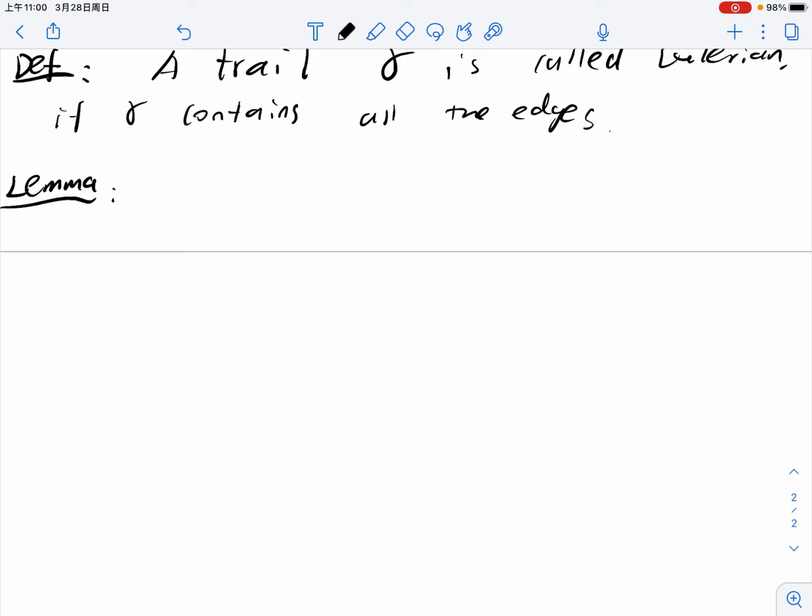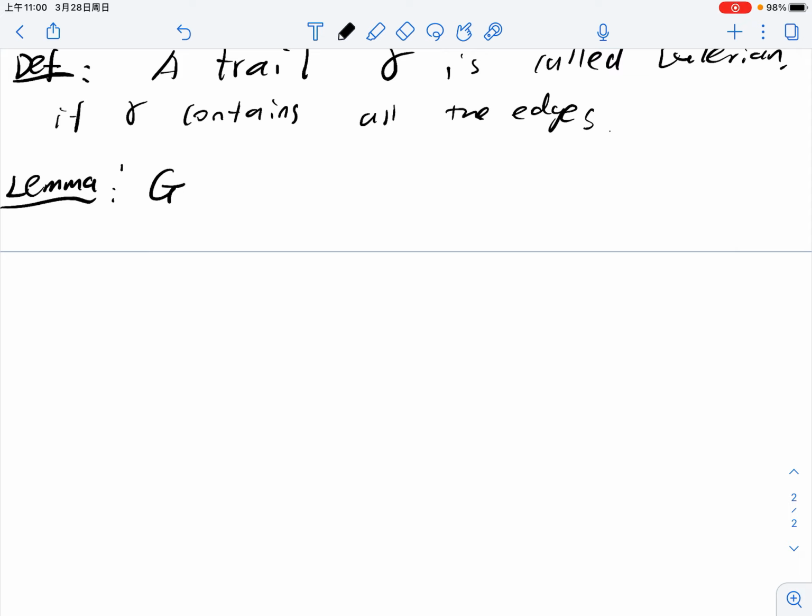It's easier than the Hamilton cycle we are going to discuss later. By easy, I mean you have a clear invariant to control the problem, a clear invariant giving a necessary and sufficient condition for finding a closed trail.